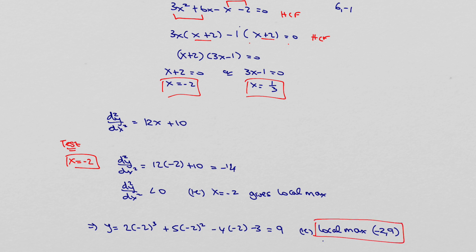So we would, of course, expect that our local min is going to be when x is equal to a third, but we still have to show that. So again, we have our second derivative. Let me just write that down again. The second derivative was equal to 12x plus 10.